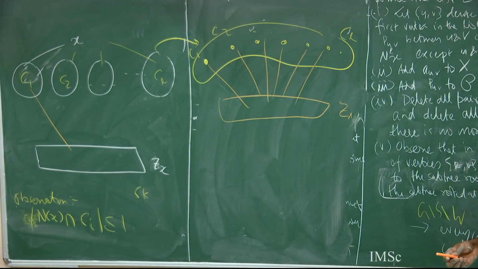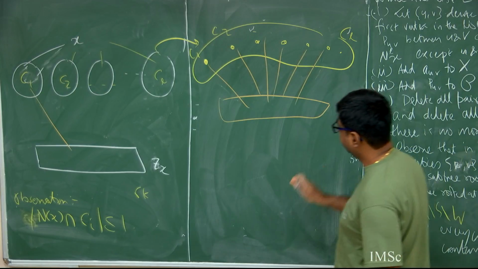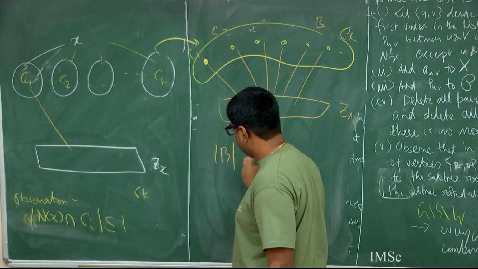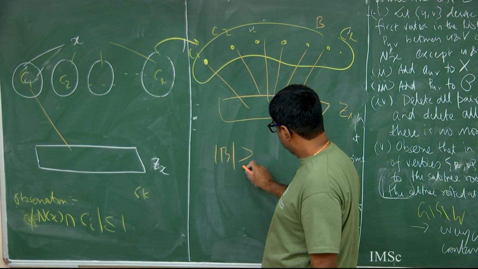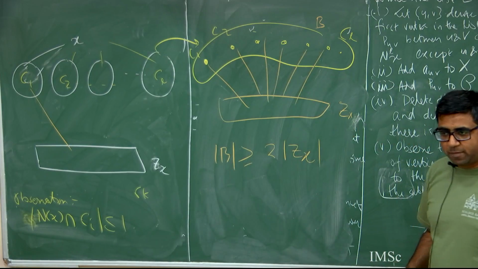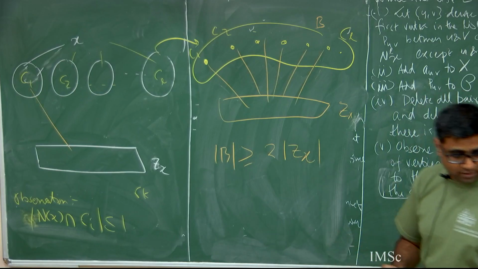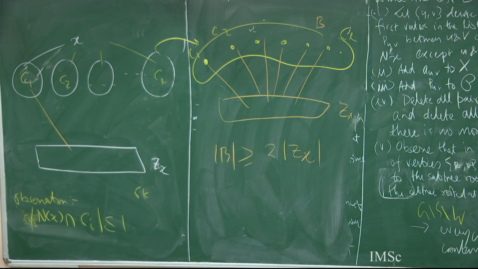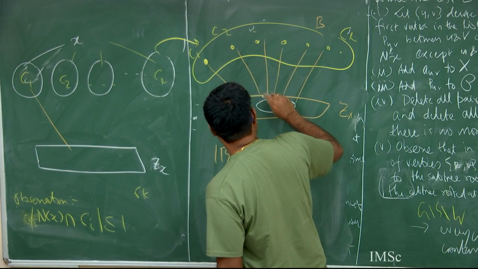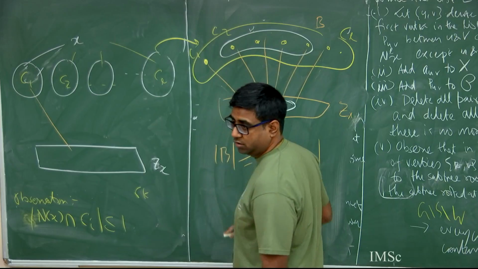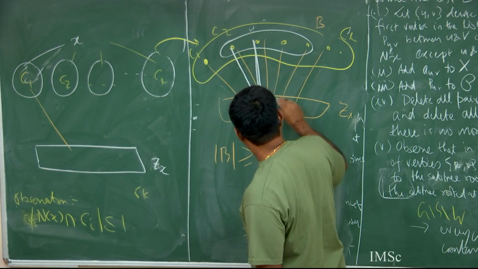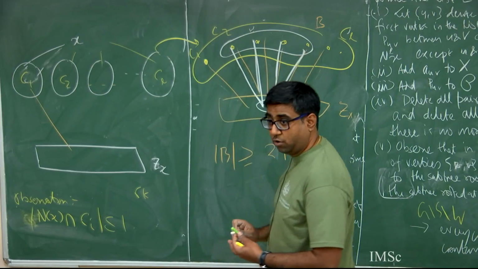Now, I'm going to say, hey, look at this size, let's call it B. If the cardinality of B is greater than or equal to 2 times Z, then what does the expansion lemma tell us? There exists a set here, and there exist components here such that I can make them a collection.